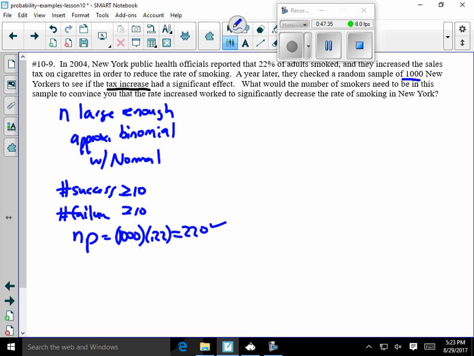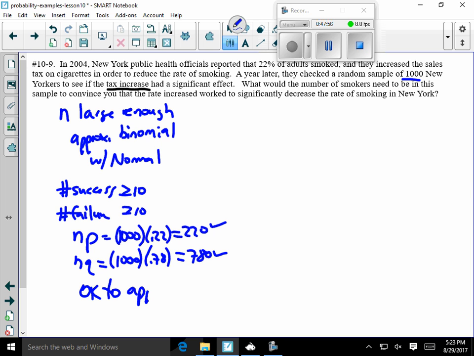The number of failures is sometimes called nq, so that would be 1,000 times the other percentage. If there's a 22% chance that somebody smokes, there's a 78% chance that they don't smoke, and that means 780 people. Both of those are over 10, so it is okay to use an approximation.